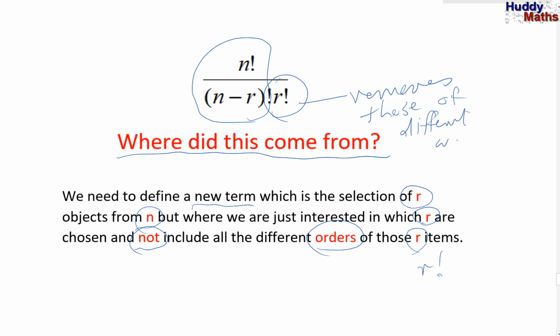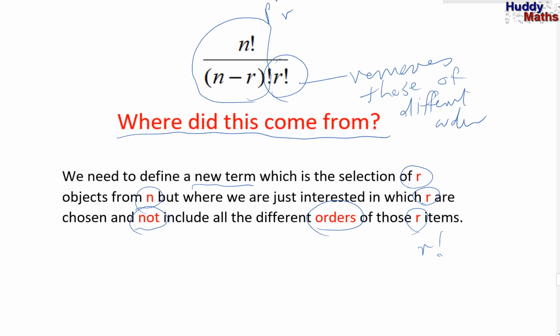Each selection up above could then be done around 6 times for different orders, or 3 factorial. So we need to remove that from the permutation formula. Do you realise that is the permutation formula, and there we are dividing by R factorial.